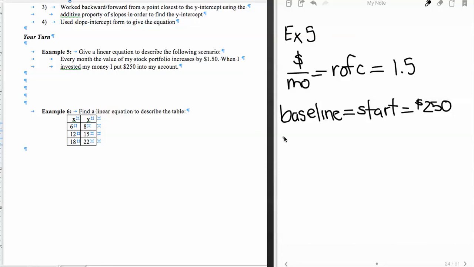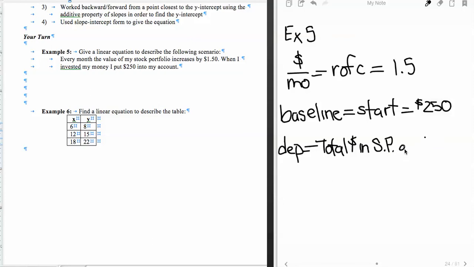Now we just need to define our dependent and our independent variables, and we'll be ready to write a model. So the dependent is the total dollars in this fund. So in the stock portfolio, I'll call that S.P., S period, P period to save me time and energy.